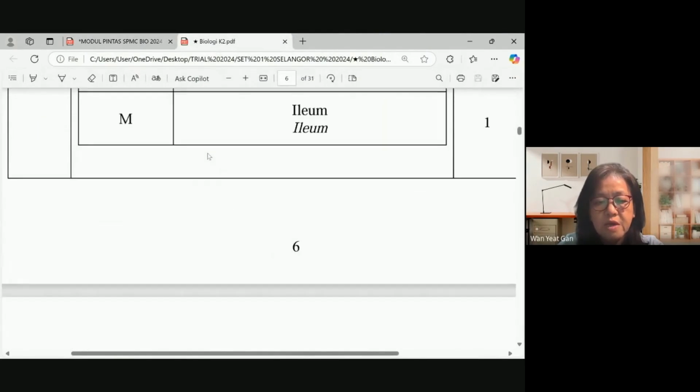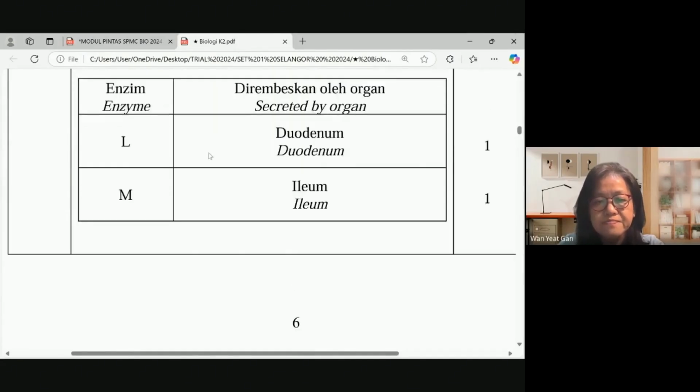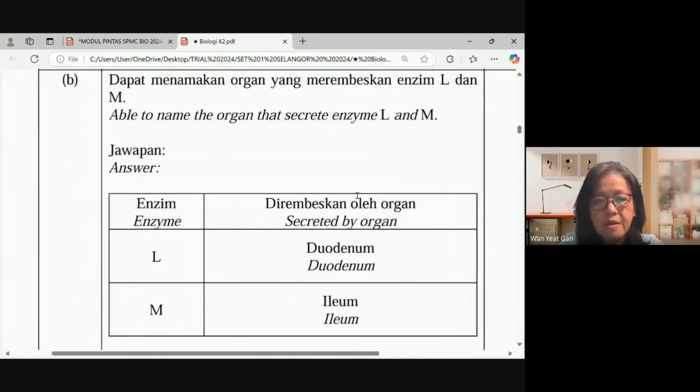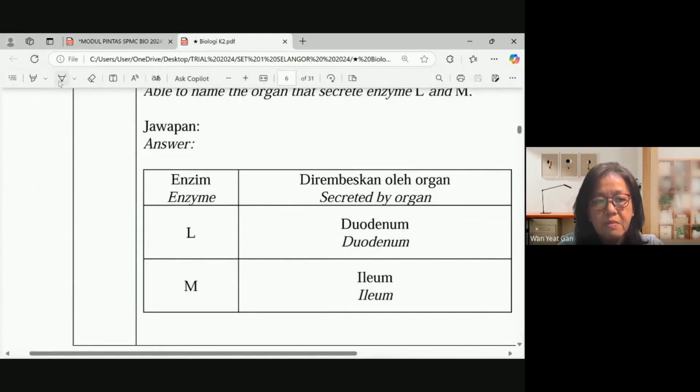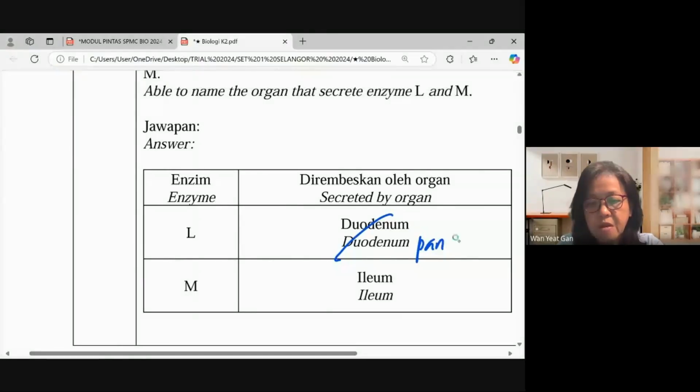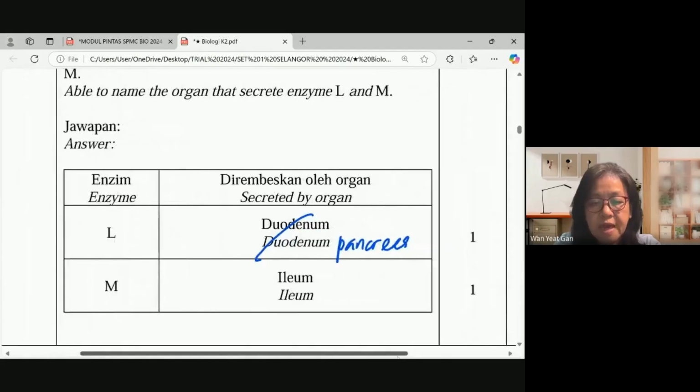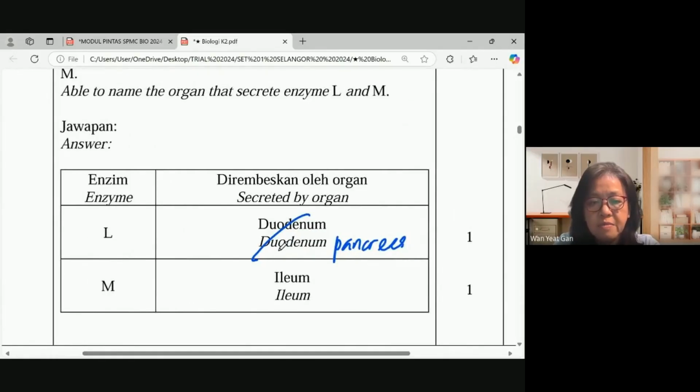Okay, the organ is pancreas. And M is secreted by ileum. Okay, so pancreas secrete the enzyme into duodenum. So it's not duodenum.